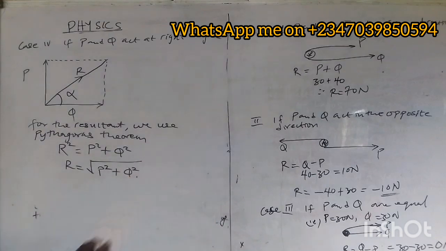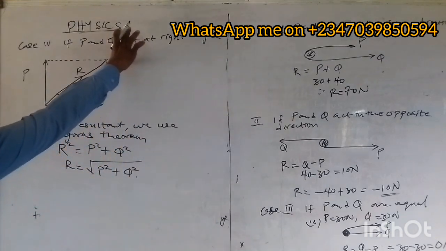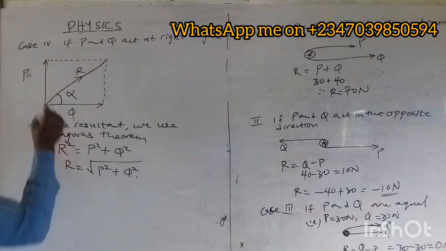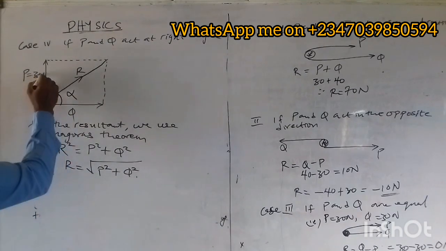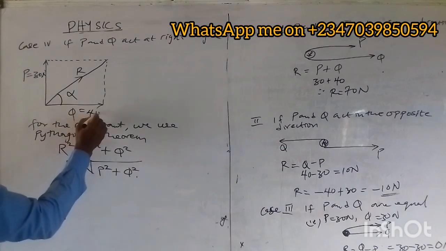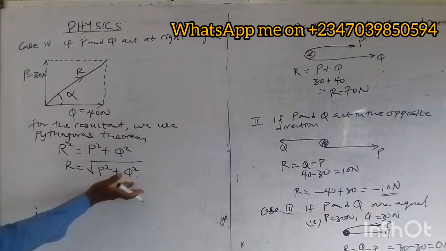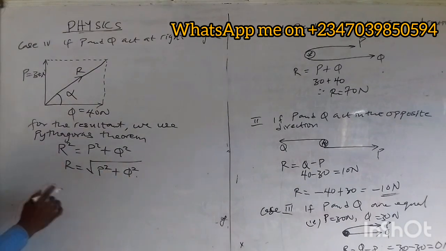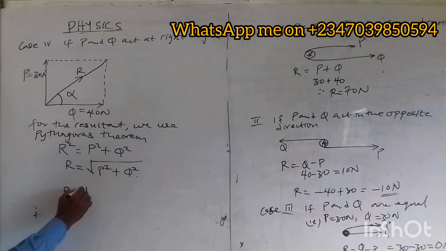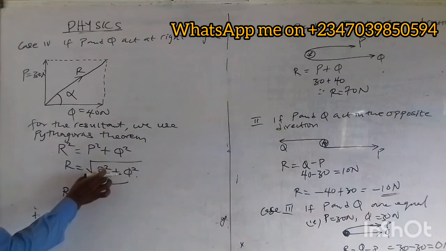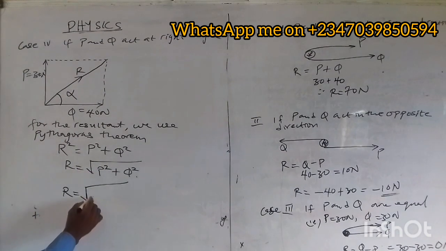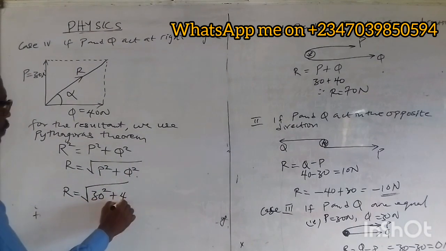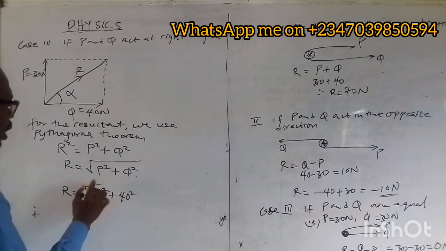Okay. Now, let us put values here. Since we said P is 30 Newton and Q is 40 Newton, now we can calculate the resultant using this formula. It will now give us R is equal to the square root of 30 squared plus 40 squared.